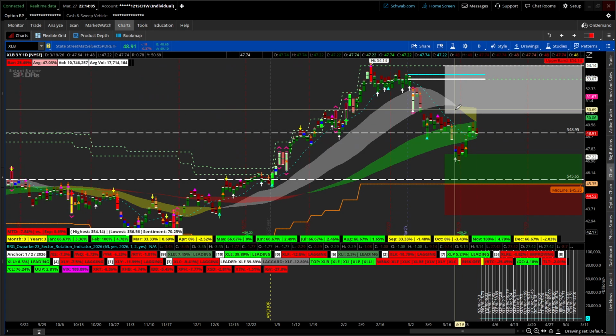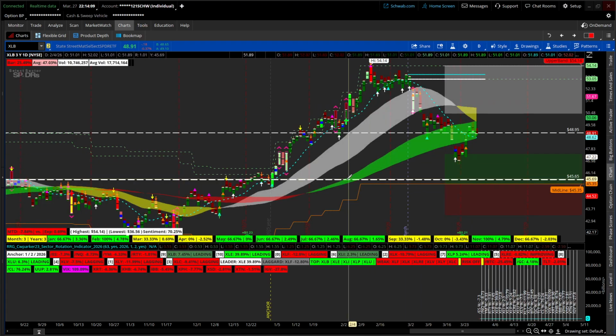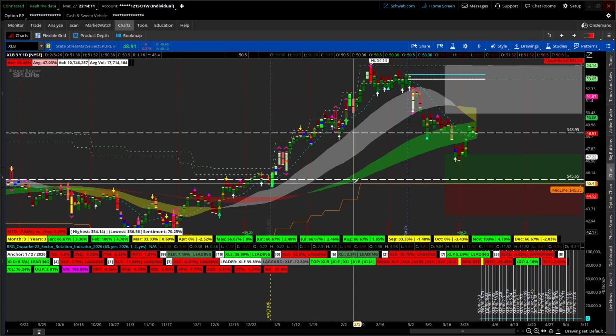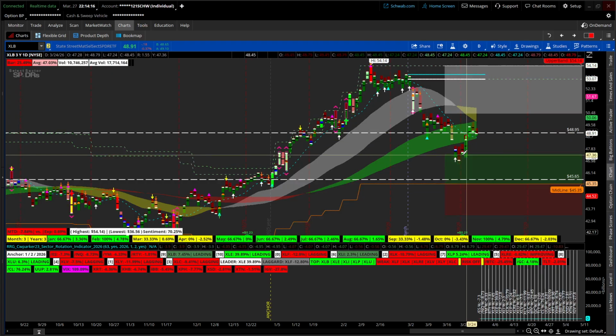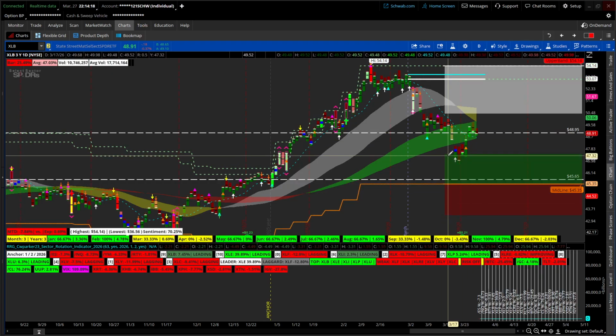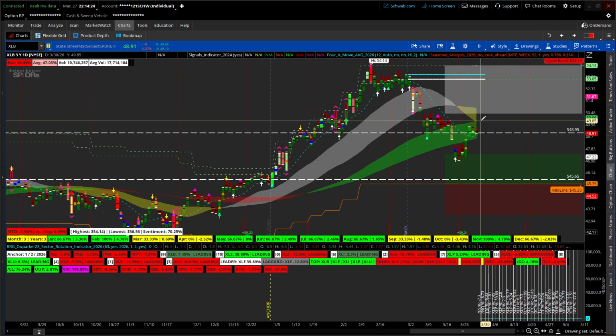Our short-term move averages have twisted to negative, but our long-term move averages, which is the green and red, is still green. But it really just came down for its 52-week high and low. It came down to the 61.8 fib right here. This is this green area, and it's pushing back above.